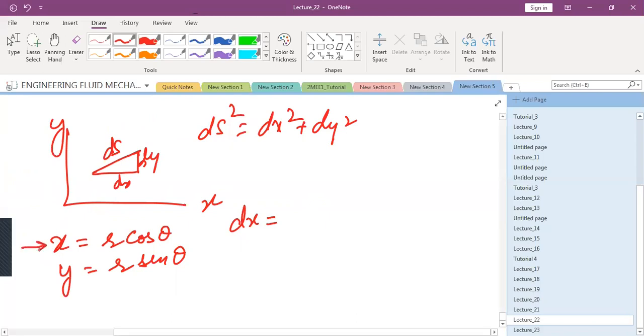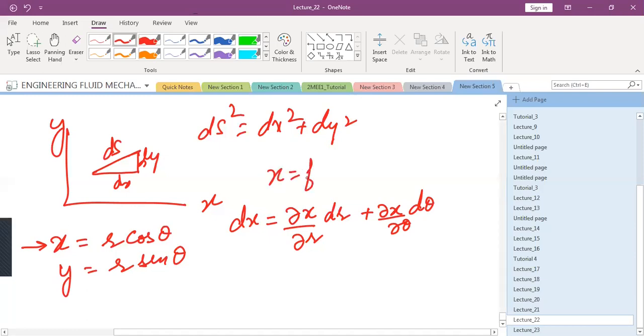From this equation, what will dx be equal to? Can I write it like this? Any doubts? Is this clear?